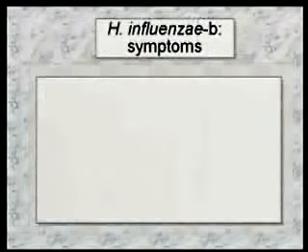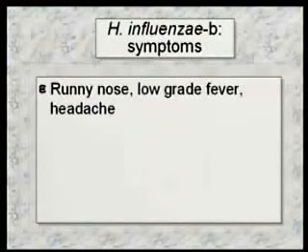I'll take a couple more minutes and let's just talk about symptoms, and then we'll finish the rest of it on Monday. It starts off with a runny nose, low-grade fever and headache. And the headache becomes very quickly more and more severe. Within a couple of days, there will be onset of meningitis if it's not recognized and treated properly.